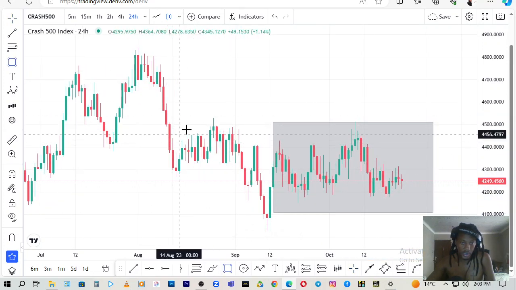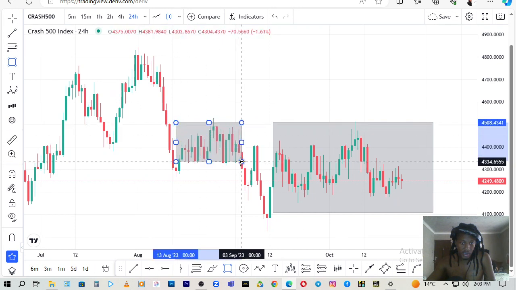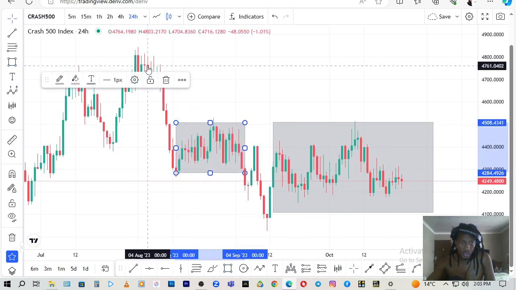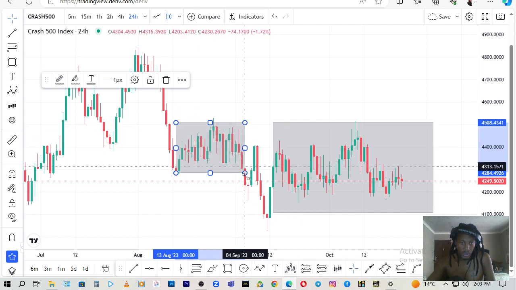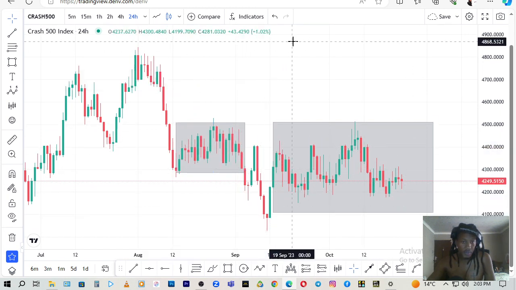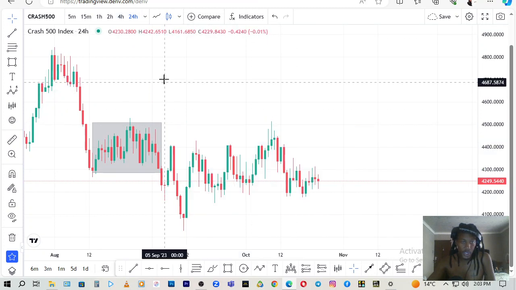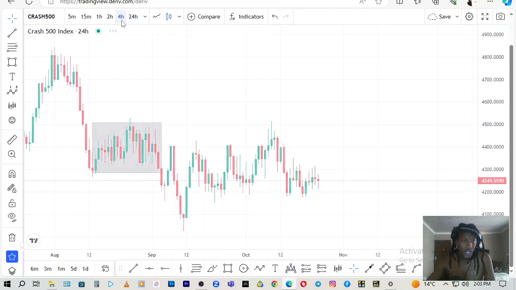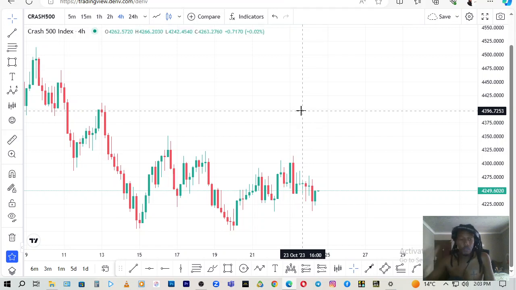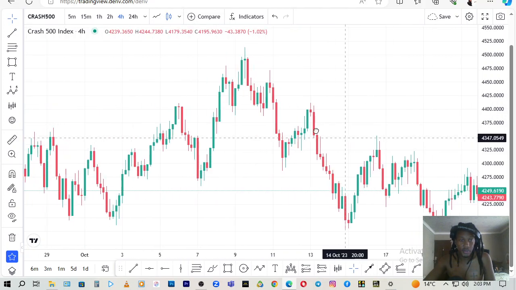Also, this was our impulse correction. Okay. Let's see what we can do inside our correction. Hence the market is a little bit choppy, so we're going to the 4-hour time frame.